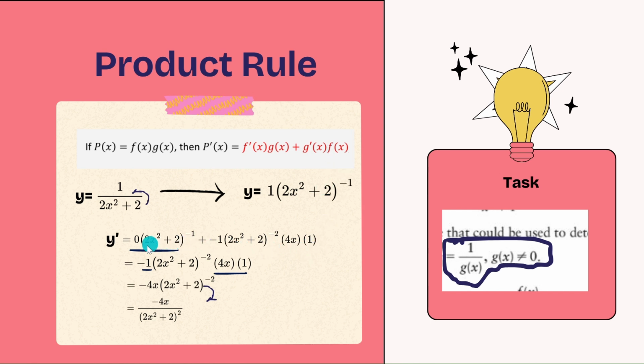So let's reduce. 0 times anything is 0, so we're left with negative 1 times (2x squared plus 2) to the power of negative 2 times 4x times 1.